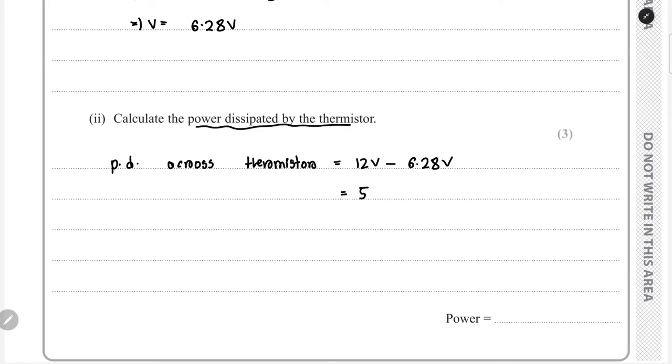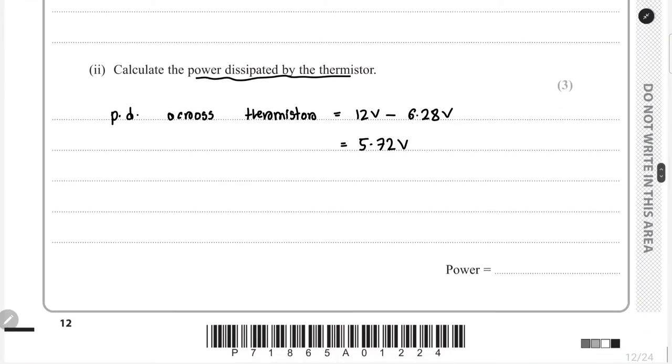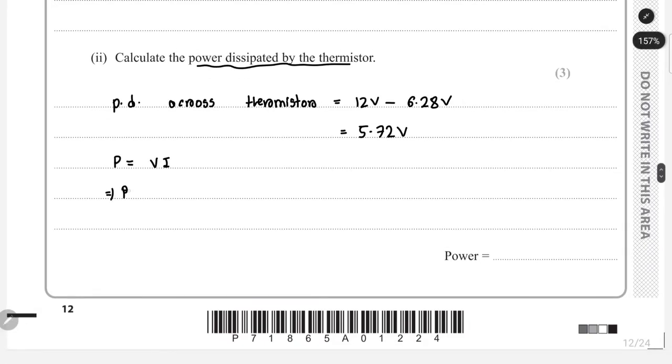This is 5.72 volts. We know the current as well. The power will be V multiplied by I. So power dissipated is 5.72 multiplied by the current, which is 23 into 10 to the power minus 3. The power will be 0.131 watts.